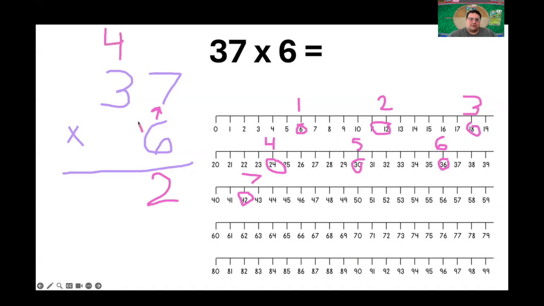And now we want to go diagonally up. 6 times 3. We already have 6 times 1, 6 times 2, 6 times 3. I have 18. And I want to add 4 more. 1, 2, 3, 4. And I land on 22.